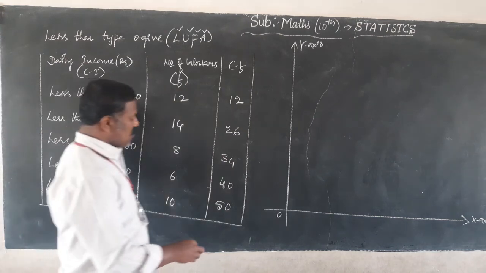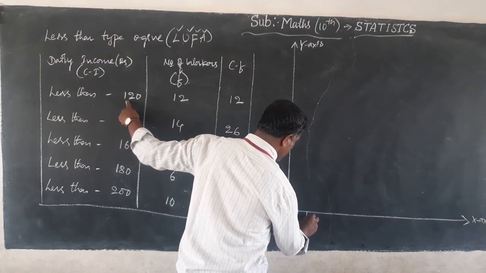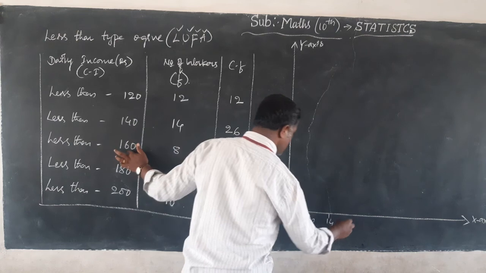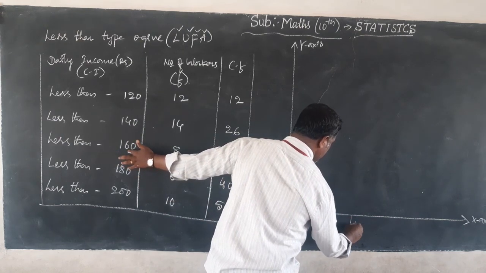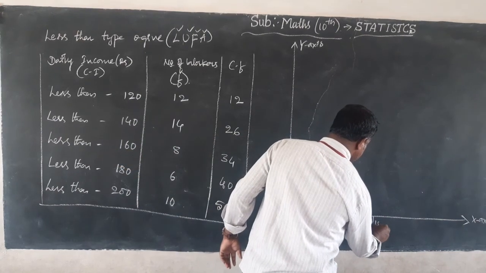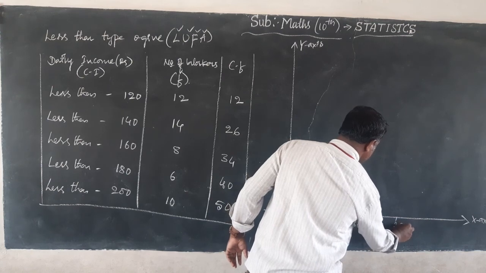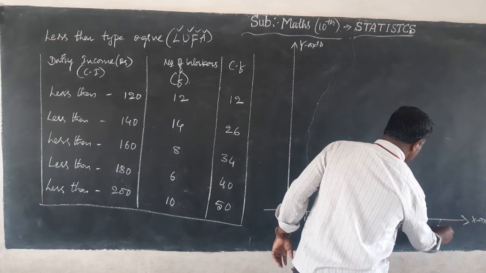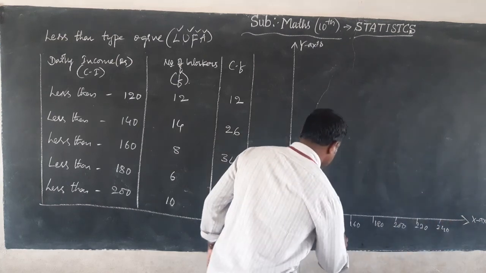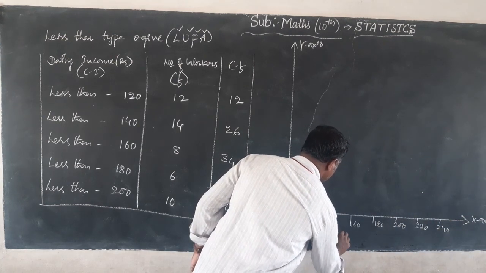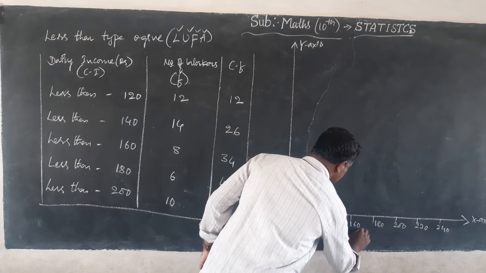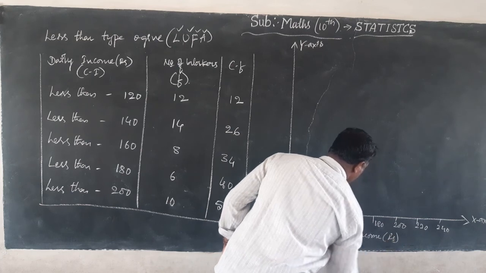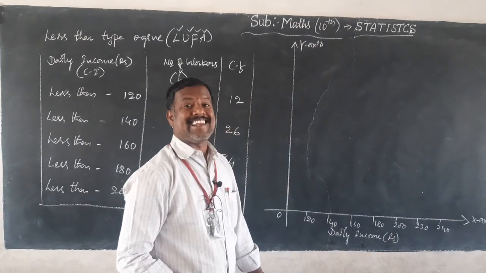Let us take 120, 140, 160, 180, 200, and 220, 240. Children, this is what we call daily income, daily income in rupees.